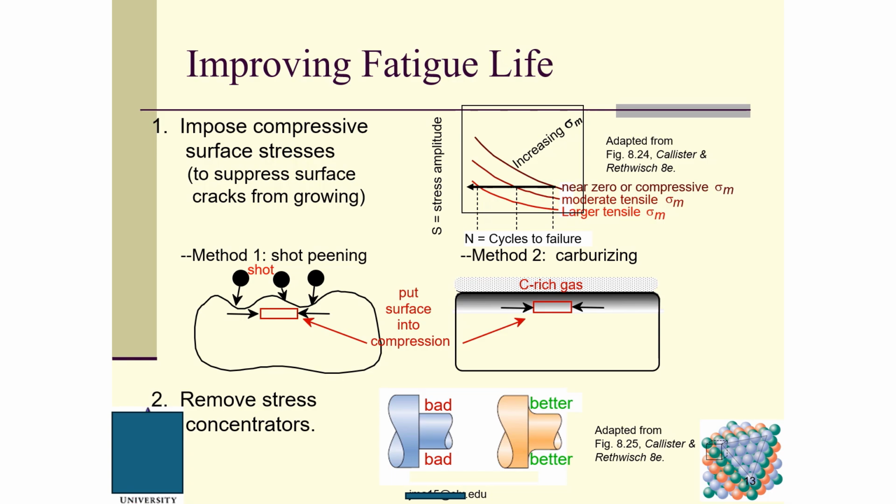And you know shot peening, right? Shot peening means that there are very, very tiny metal particles, and you just project these tiny metal particles on the surface of the specimen, and these tiny metal particles will compress the surface of the specimen, and they will generate compressive residual stress.